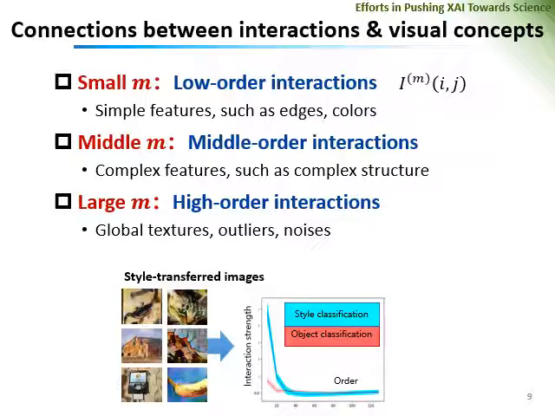It means the middle-order interactions reflect some complex features, for example, some complex structures of an object. And the large-order interactions usually indicate some global structure, for example, the sky or the grassland or the sea, which is very large-scale contextual information. Or sometimes the high-order interactions represent the memory of outlier samples, and sometimes they represent noisy patterns.